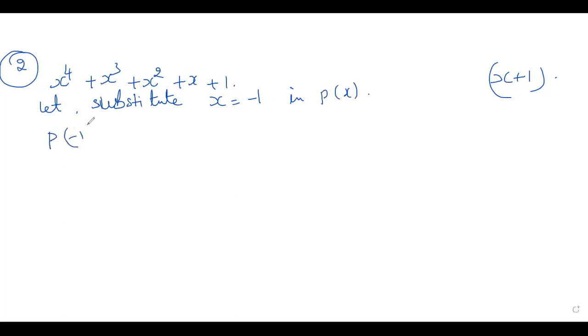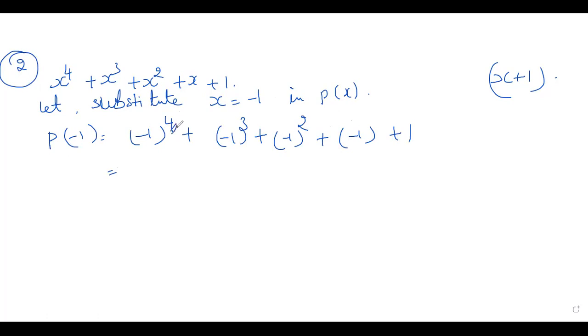So p of -1 is equal to (-1) to the power of 4 plus (-1) cubed. I'm using brackets, children, because we are writing a negative number. So you have to use brackets. Then (-1) squared, plus (-1), plus 1.